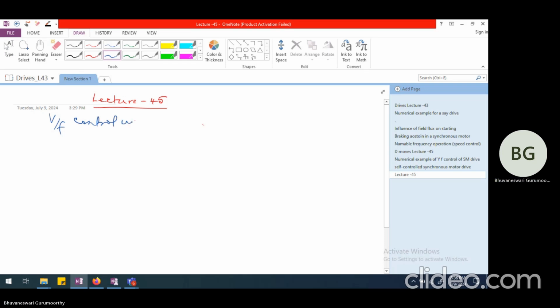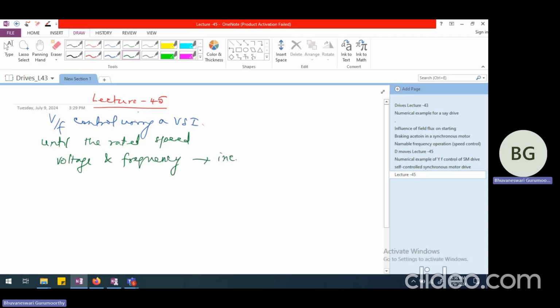So in V by F control using a VSI, what we said was until the rated speed, we are going to have voltage and frequency increased in proportion to each other.